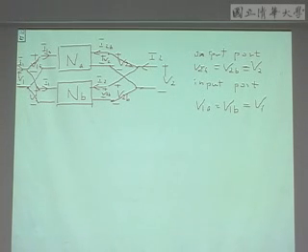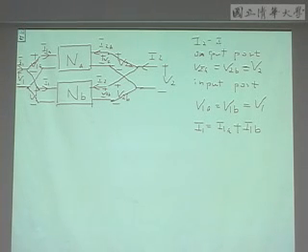However, the currents, we have I1 equal to I1A plus I1B, and here I2 equal to I2A plus I2B. For example, here, this is I2. KCL tells us I2 equal to I2A plus I2B. This is called I2B.